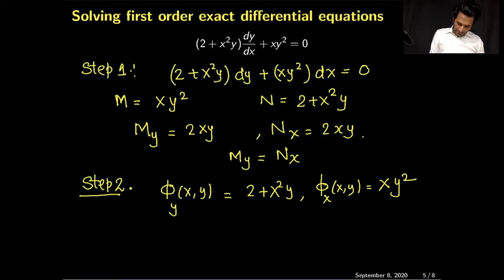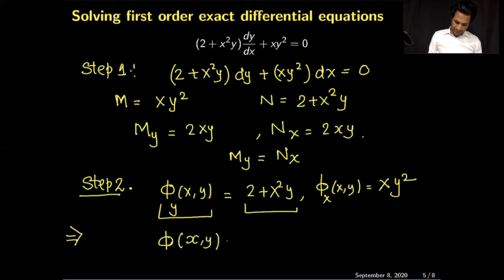So my first step now will be to integrate this term with respect to y, so that I can find the function phi of x comma y. If I integrate with respect to y, I'm going to get phi of x, y equal to 2y, because I'm integrating with respect to y and treating x as a constant.